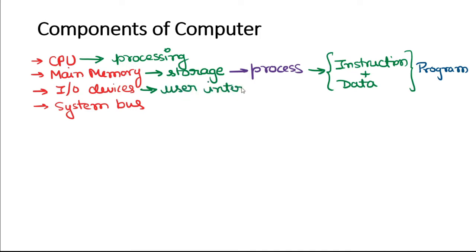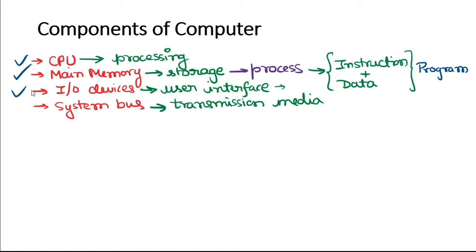It acts as a user interface. Okay, and so it takes inputs and it also provides the output, right? And system bus acts as a transmission media. It acts as a transmission media between whom? Between CPU, main memory, and IO devices.